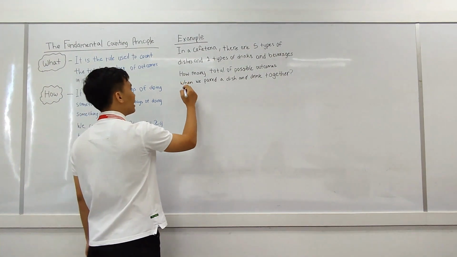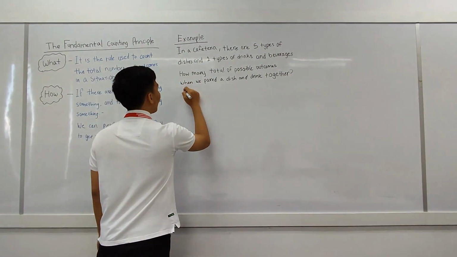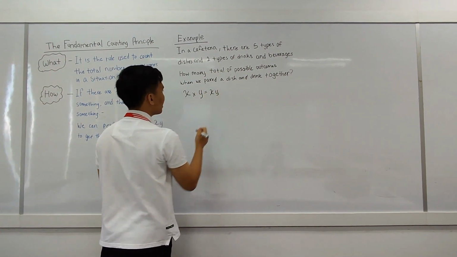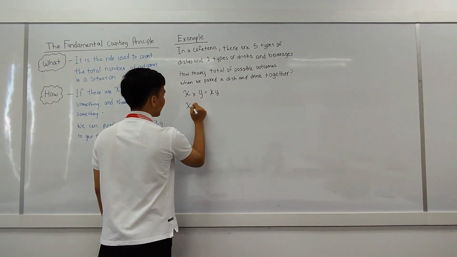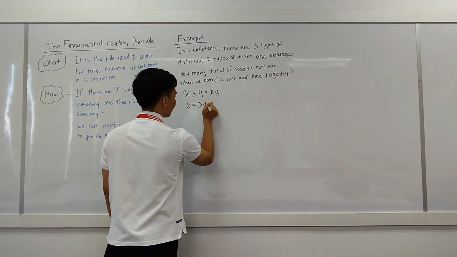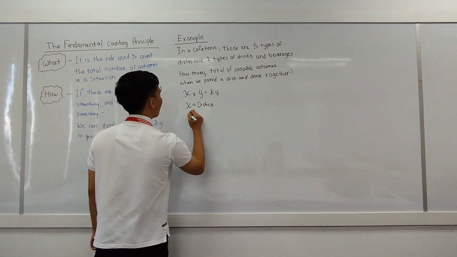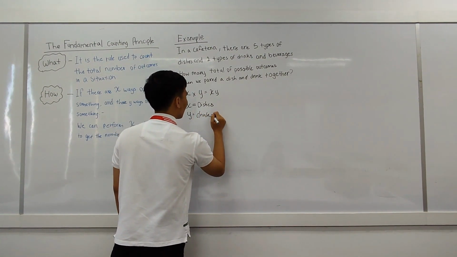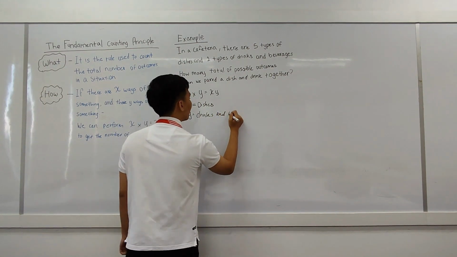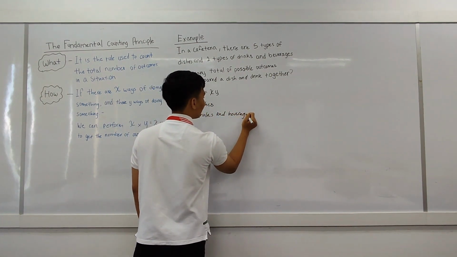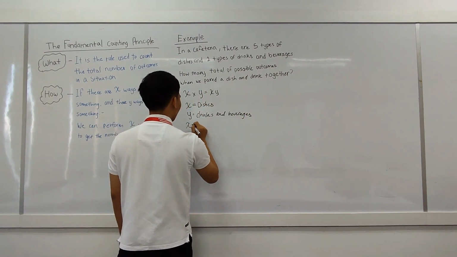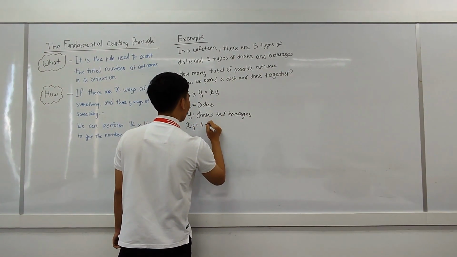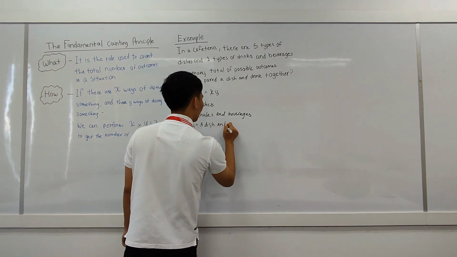To get the total outcomes, we need to perform X times Y. X will be the dishes, Y would be the drinks and beverages, and XY will be the dish and the drink.